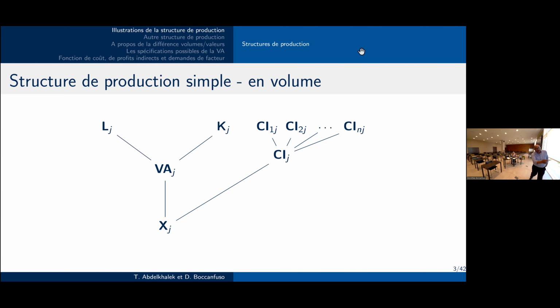And after that, on the right, when we are decomposing the intermediate consumption, we are in the input-output table. It's exactly what we have in the input-output table. On the left side, we have the value added, which is the combination between labor and capital.